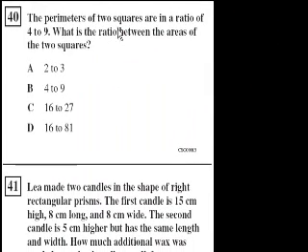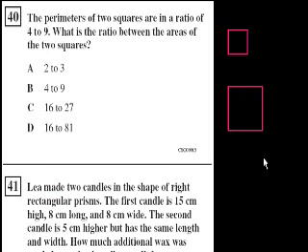Next problem, problem 40. The perimeters of two squares are in a ratio of 4 to 9. What is the ratio between the areas of the two squares? Let's draw two squares. So that's one square, and let me draw another square. And let's say that the sides of this are x, right? And the sides of this one are y.